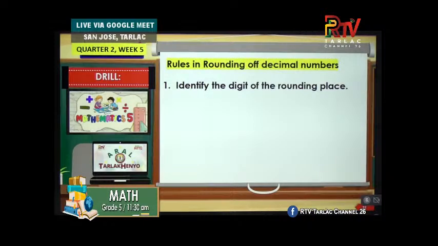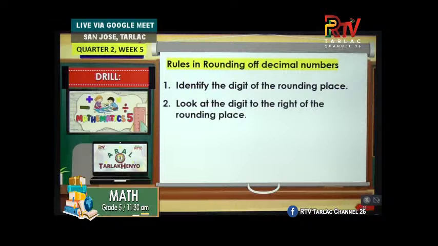Let's see. The following are the rules in rounding off decimal numbers. First, identify the digit of the rounding place. Second, look at the digit to the right of the rounding place.